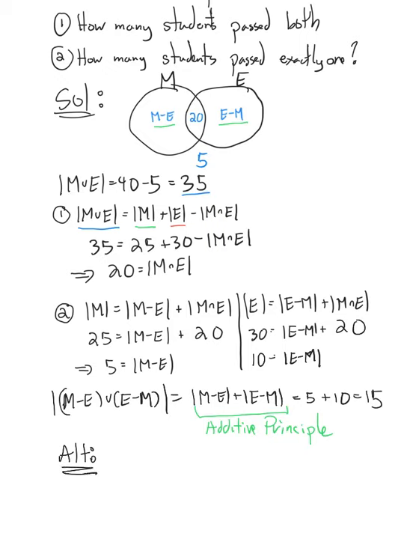Well, we could realize that M minus E union E minus M is the same thing as the union of those sets, M union E, minus the intersection, E intersect M. And that's something we proved way back when we were talking about sets in chapter 2. So we know that this is true.